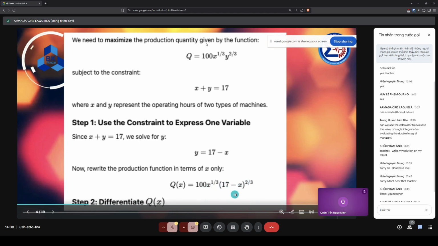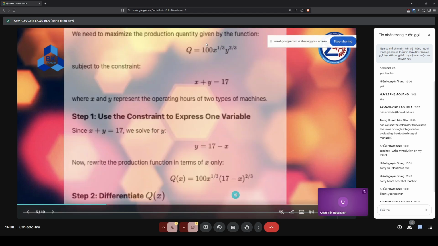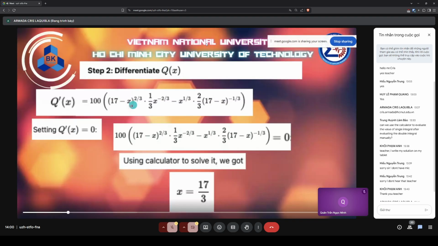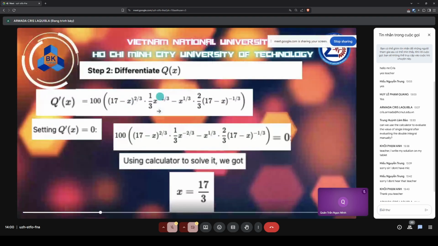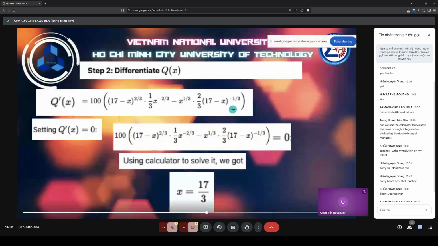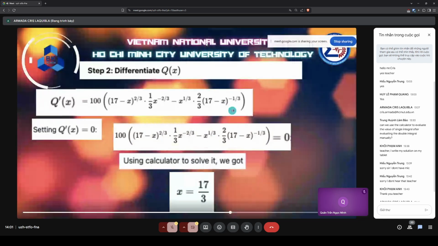What he did is he copied the second times the derivative of the first, plus, it should be plus, right, for your product rule. Then copy the first, then the derivative of the second. Let's go back. We'll have here (17 minus x) to the power of 2 over 3.